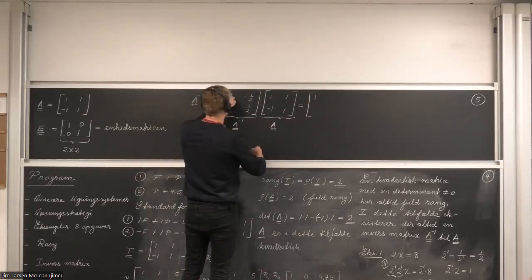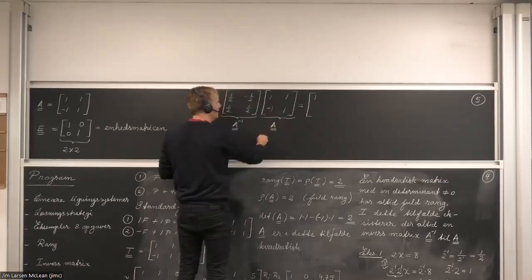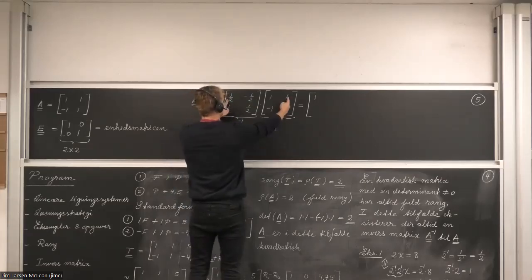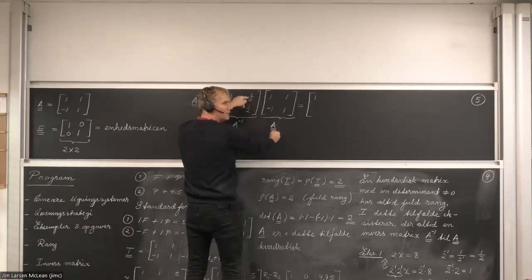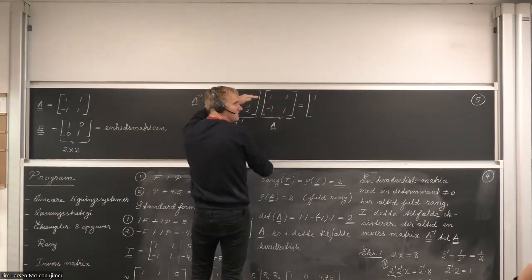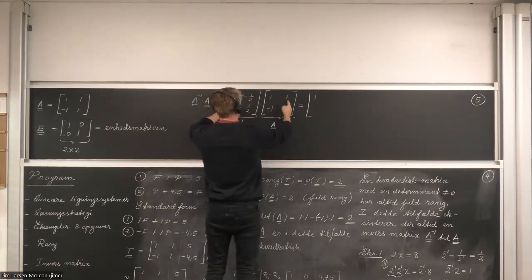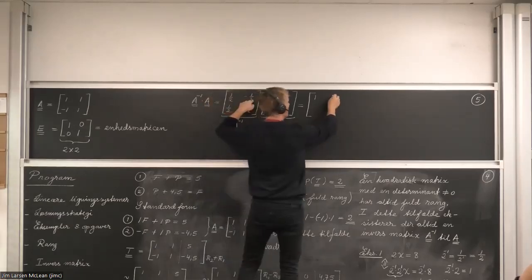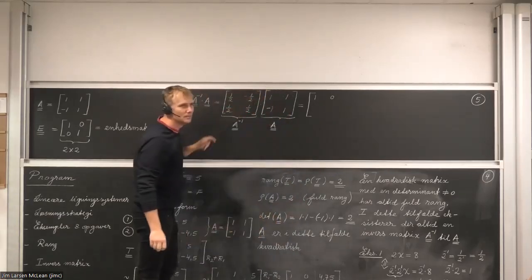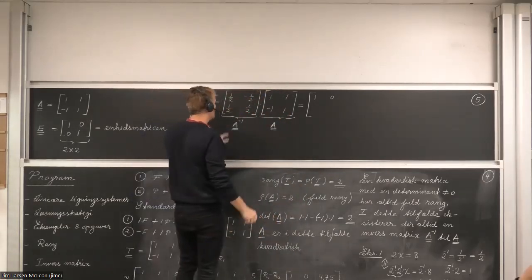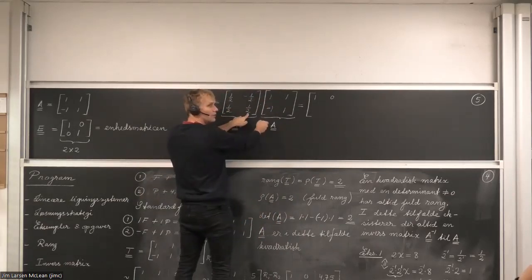Then I take the first row, second column, times that one, plus times that one. So the left hand does it like this, the right hand does it like this. That's 1/2 minus 1/2, which equals 0. All right, I will take the second row, first column.